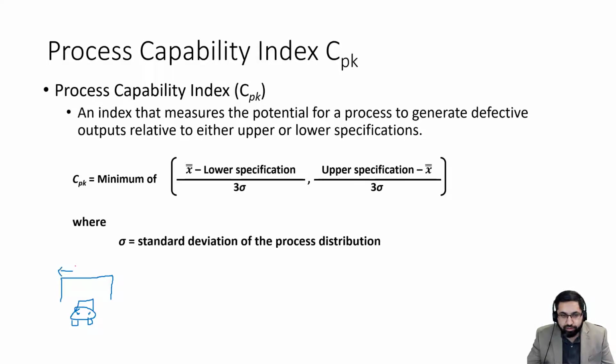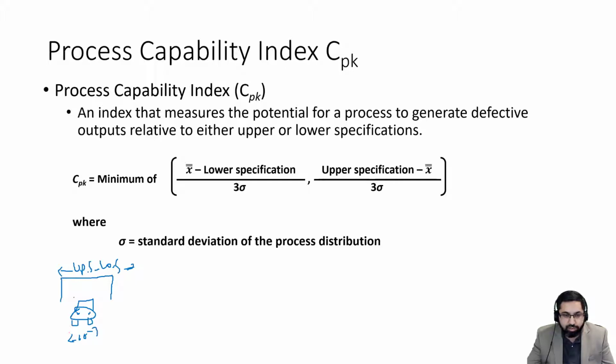The width of the garage is your upper spec minus lower spec. And the width of your car is going to be 6 sigma.